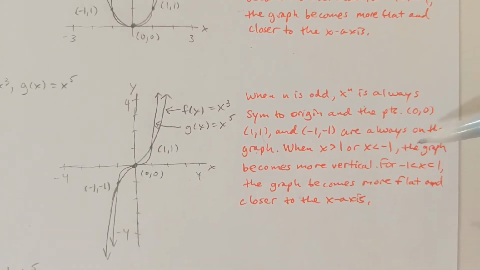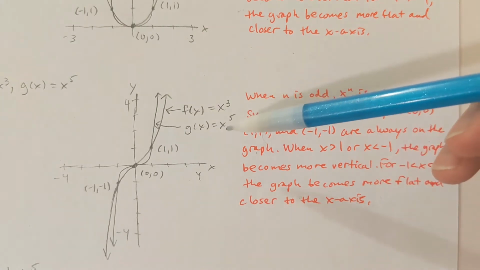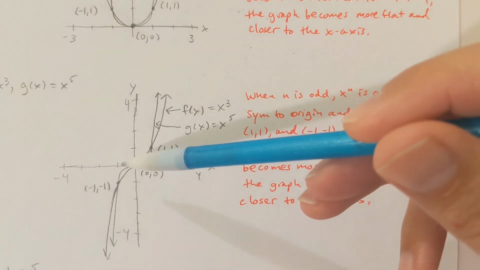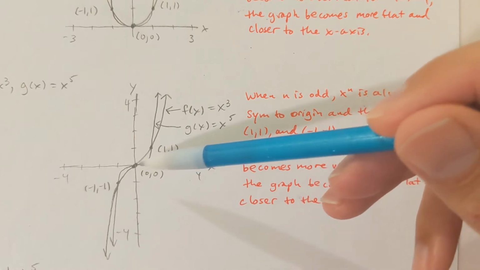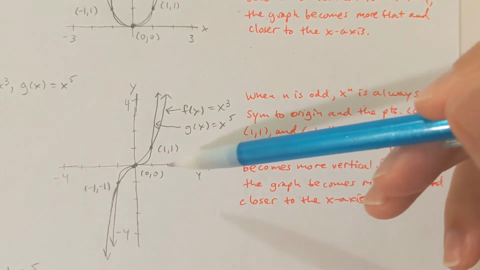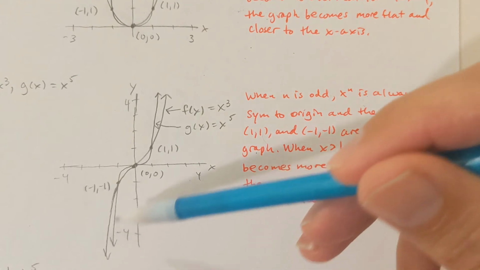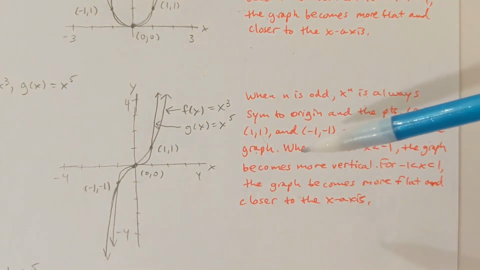And for x between negative 1 and 1, the graph becomes more flat and closer to the x-axis. So that's what I see here in the case of g of x equals x to the fifth. In between 1 and negative 1 the graph becomes more flattened, and I get closer to the x-axis there. On the outside, if I'm greater than 1 or less than negative 1, I'm more vertical.